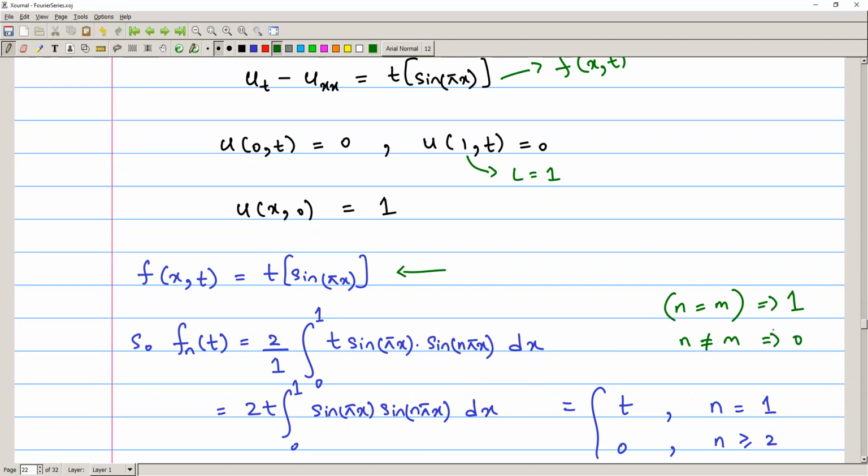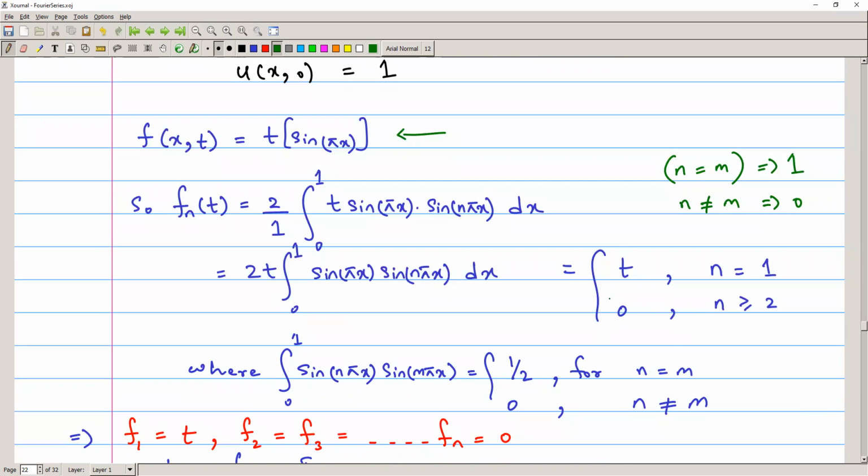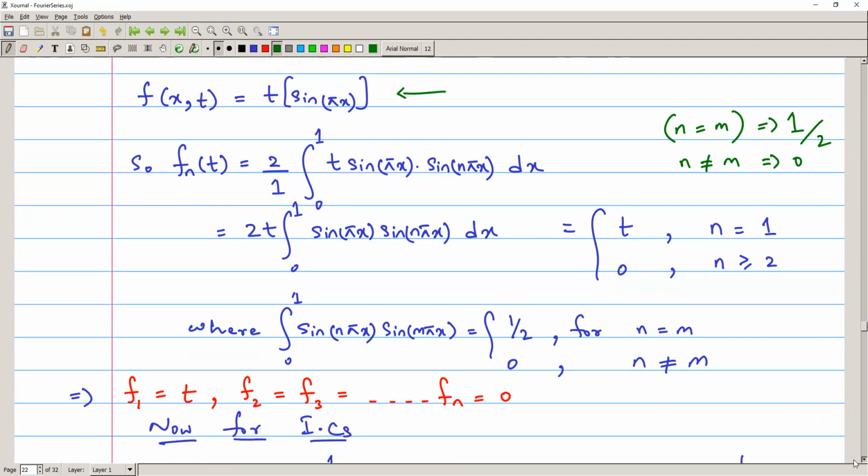So for sine pi x and sine n pi x, we will get the value for n equal to 1. So it will be, sorry, it's not 1. In fact, it's half, right? So we will get t for n equal to 1, and we will get 0 for other n, right? So here we can see that the integral of sine n pi x times sine m pi x is equal to half for n equal to m, and 0 for n not equal to m.